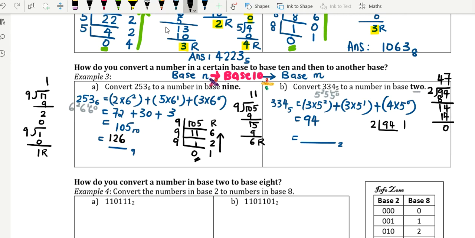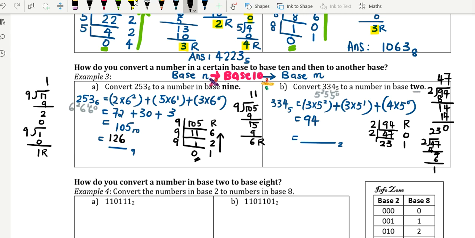So even though it's 0, you have to write the 0 in. And 47 is here. Continue to do division. 47 divided by 2 again: 2 times 23 is 46. Remainder is 1. So 23, and remainder is 1.